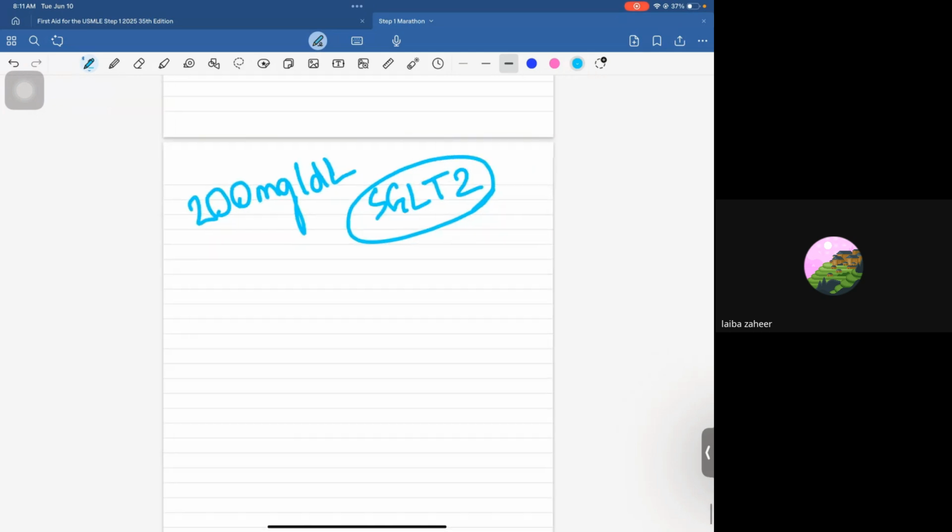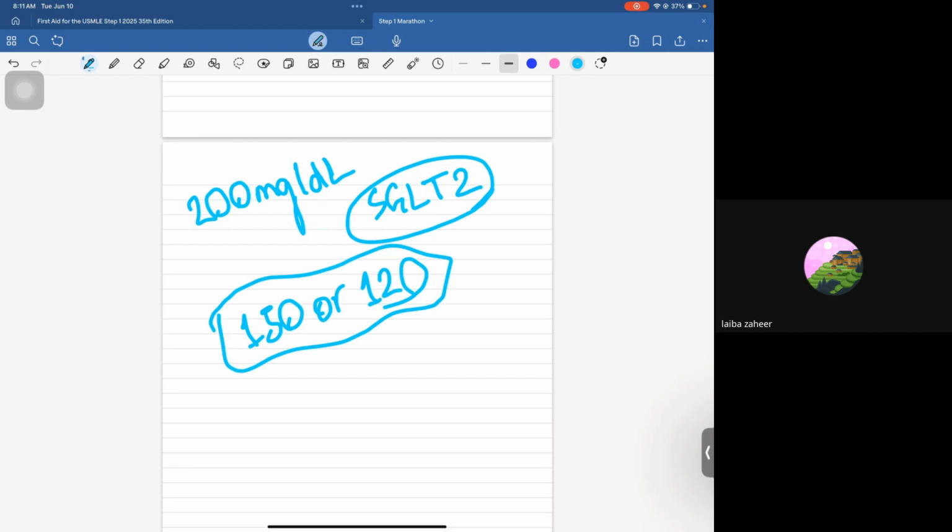Since in pregnancy the GFR is increased so much, the transporters are now going to get saturated at much lower concentrations, at 150 or 120. Why?